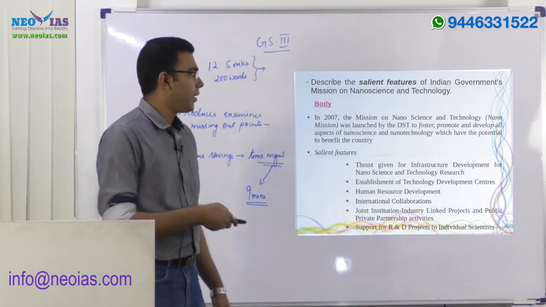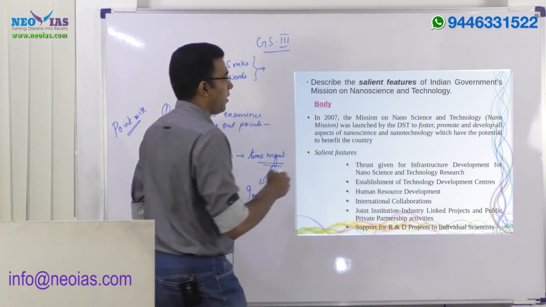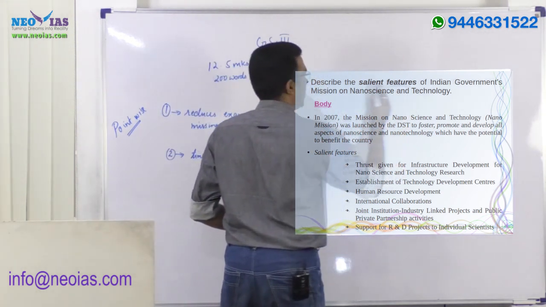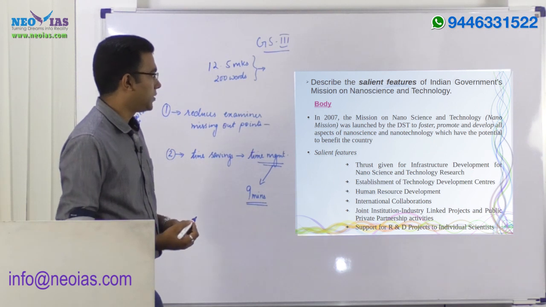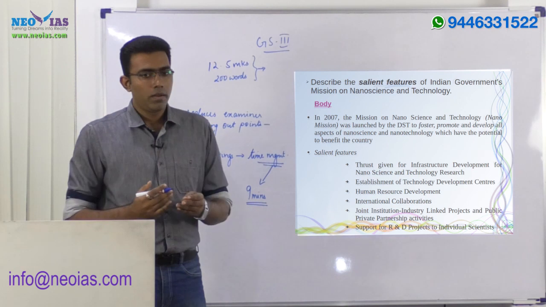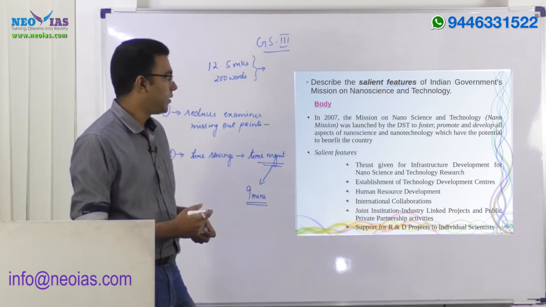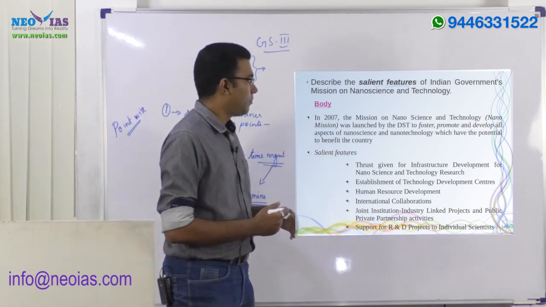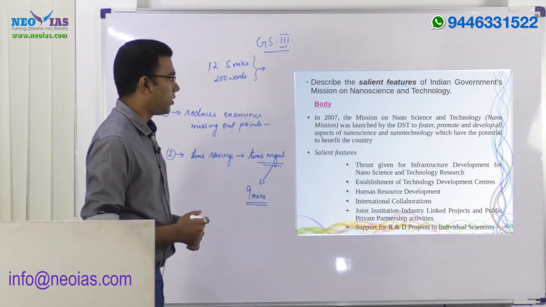Now going to the body part. In the body part, we can introduce the second part, that is, describe the salient features of the Indian government's mission on nanoscience and technology. So here in the body part, what you can do is introduce the nano mission to the examiner. That is, you can say that in 2007, a mission on nanoscience and technology, also known as nano mission, was launched by DST.